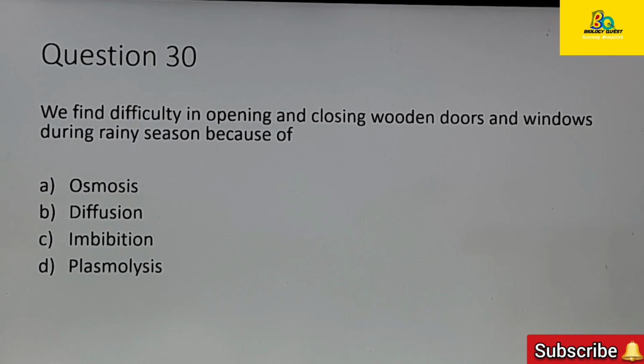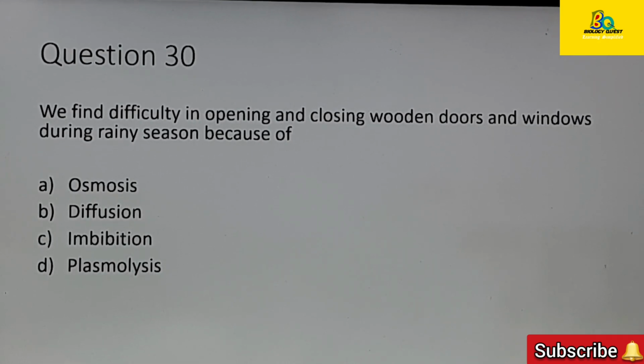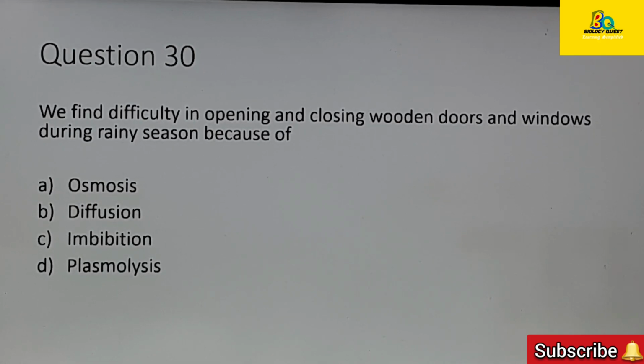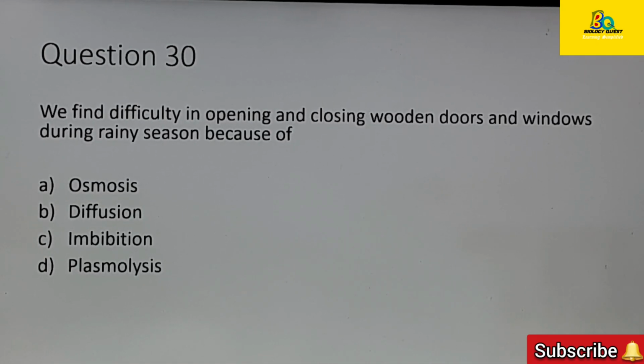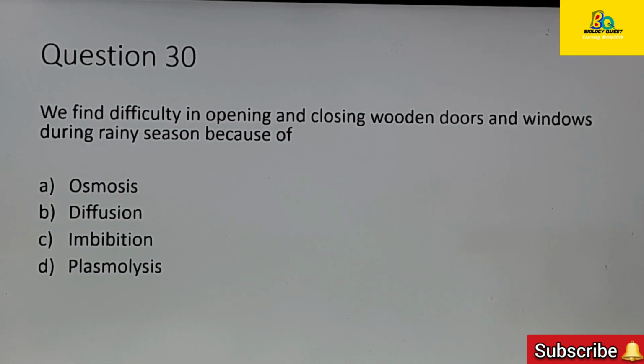Next question. We find difficulty in opening and closing wooden doors and windows during rainy season because of? Options are osmosis, diffusion, imbibition, plasmolysis. Can you guess the answer? During rainy season, we know the atmosphere is humid. It is filled with moisture. What is the peculiarity of wooden doors and windows?